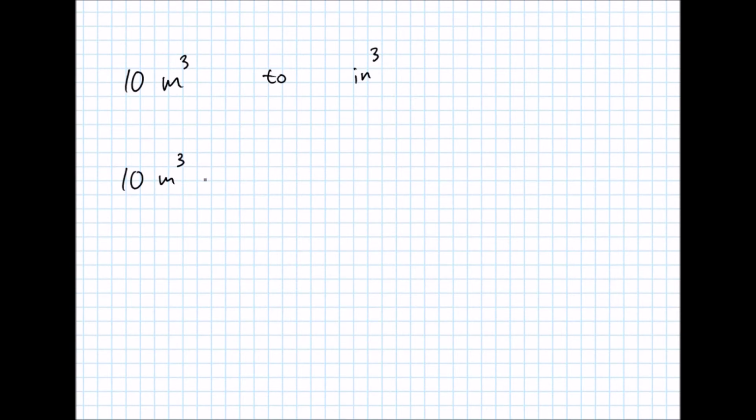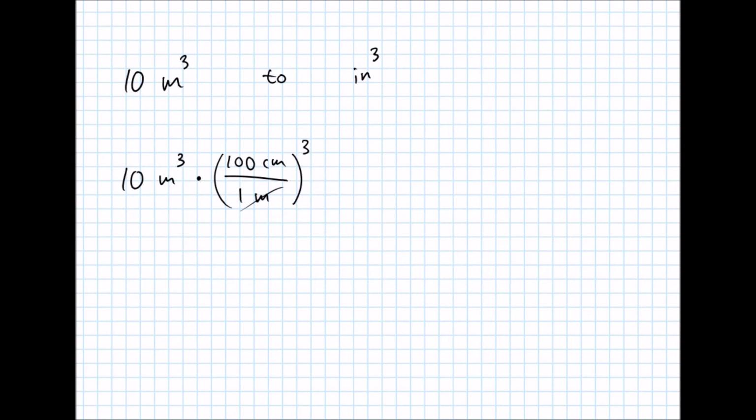Now, I know that I can get to centimeters, for example, from meters. There are 100 centimeters in 1 meter. But remember, this won't properly cancel out the meters cubed. I need to cube my conversion factor. That will allow me to cancel out the meters. So these are meters cubed that are canceling here. And I'm left with centimeters cubed.